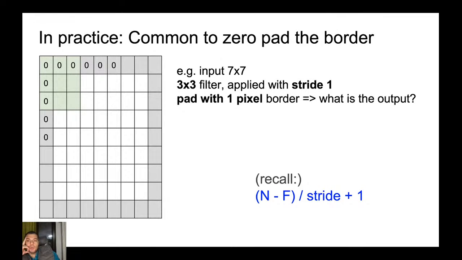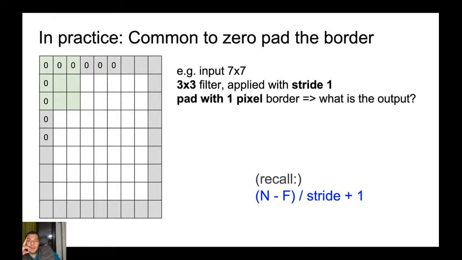However, in order to be able to use any stride that we want, we can add a border around the input image with zeros, which allows us first to use any stride that we want. We just need to make sure that we can apply the filter in every possible location, so we get a correct division.